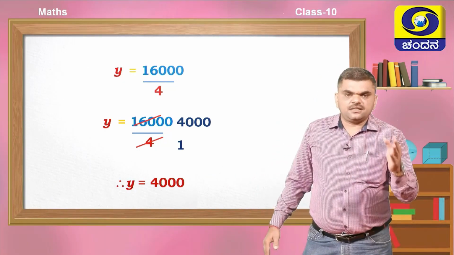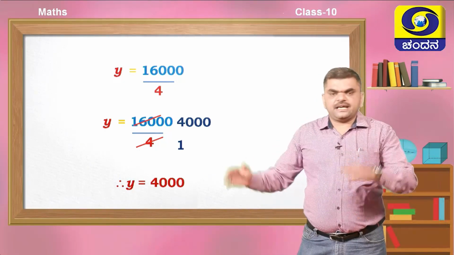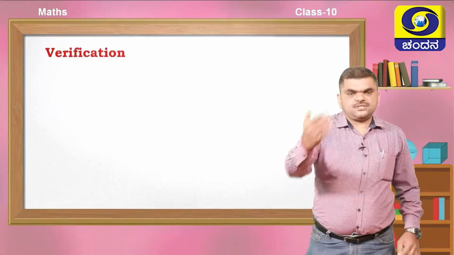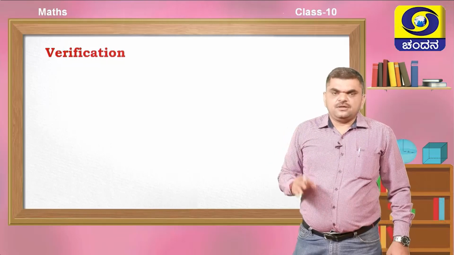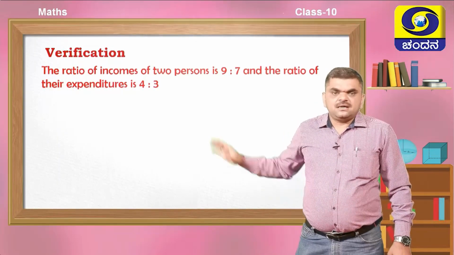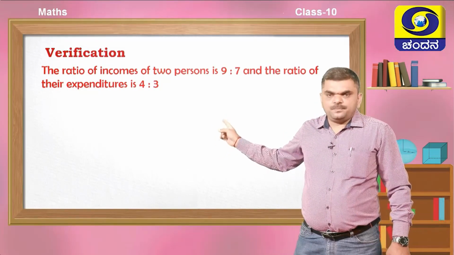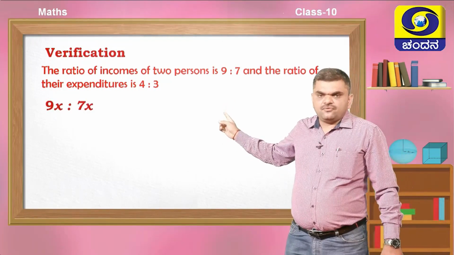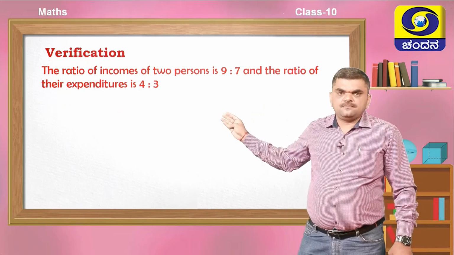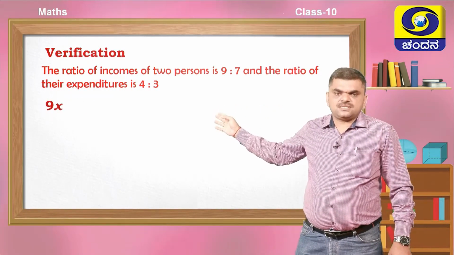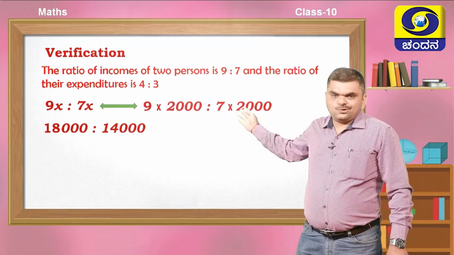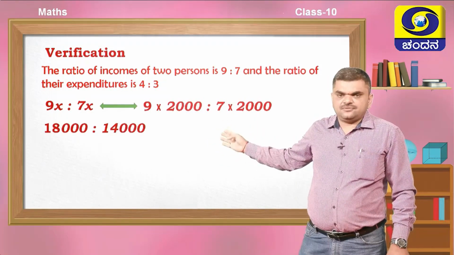Children, we got the value of x as 2000 and the value of y as 4,000. Let us cross check this, children. Verification. We have one condition, that the ratio of income of two persons is 9:7 and the ratio of their expenditure is 4:3. Just to check, 9x is to 7x, that is 9 into 2000 is to 7 into 2000, that is 18,000 is to 14,000.